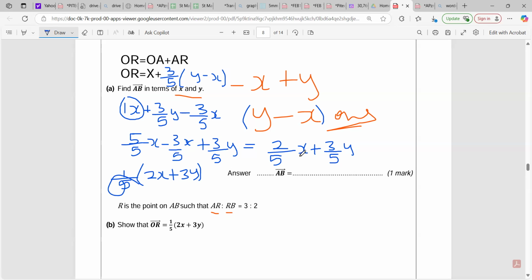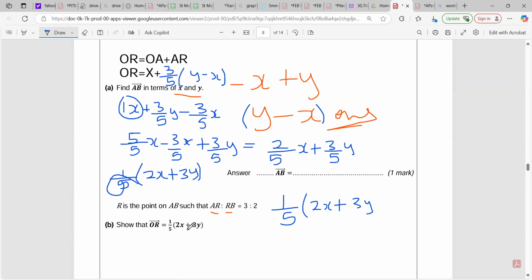And then it's going to leave out the whole number. So 1/5 times, instead of that, it'll be 2x plus 3y. If we should multiply, this would give us back the same thing, 2/5 x and 3/5 y. So it's proven.